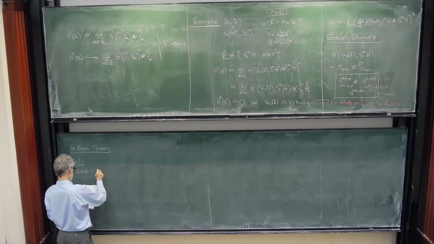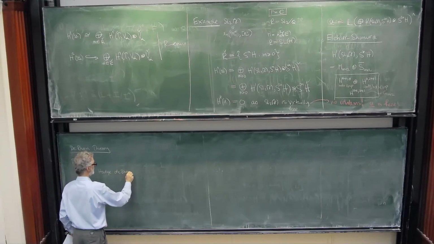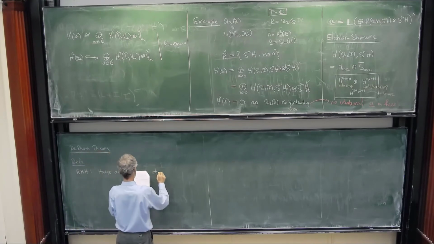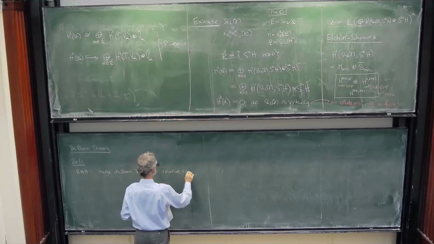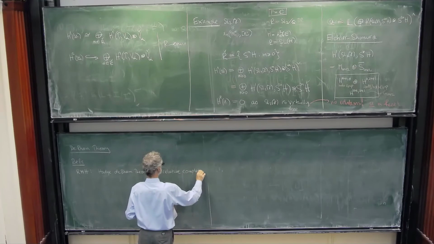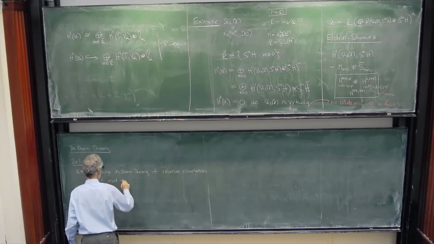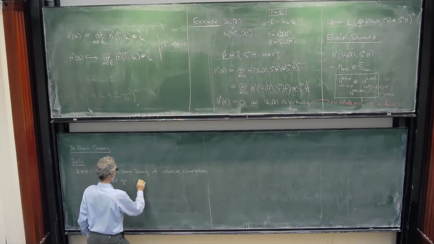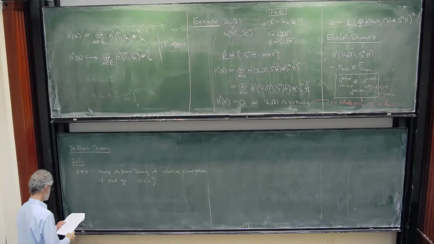So I think the best reference is, I've forgotten the name of my own paper, I didn't look it up, I think this is what it's called, the theory of relative completion of modular groups. It's published somewhere in some book, and it's on the archive, within the last few years.